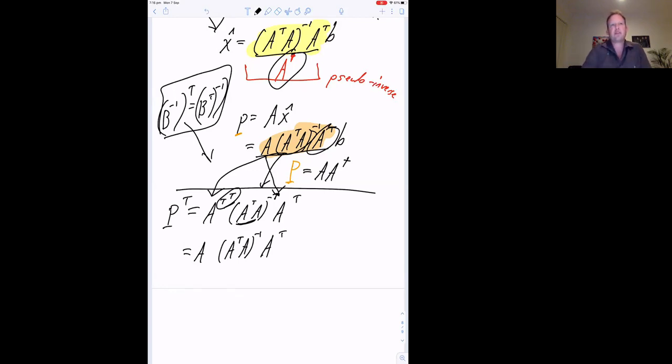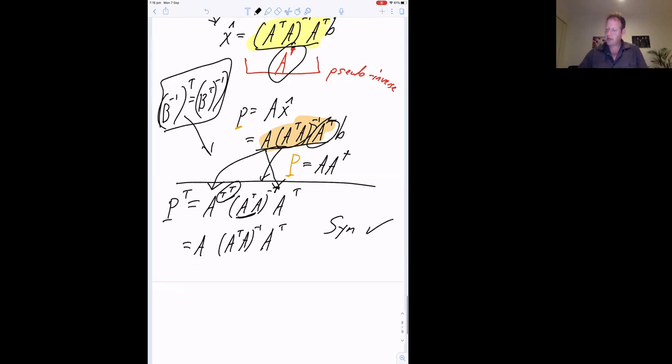So what did we learn about the matrix P? It's symmetric. So P is symmetric, check.